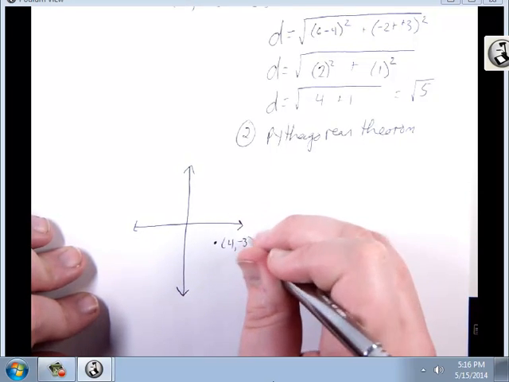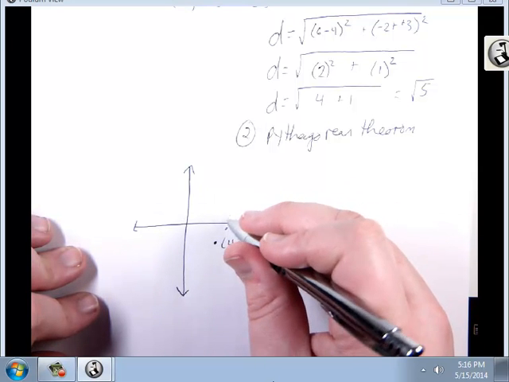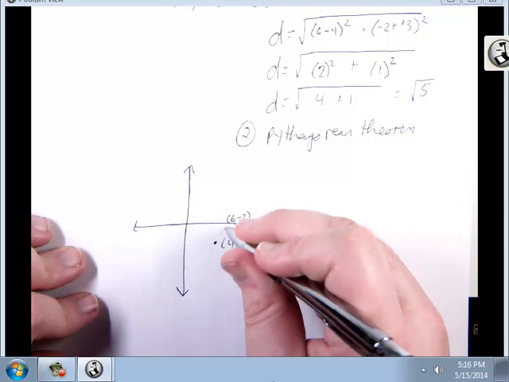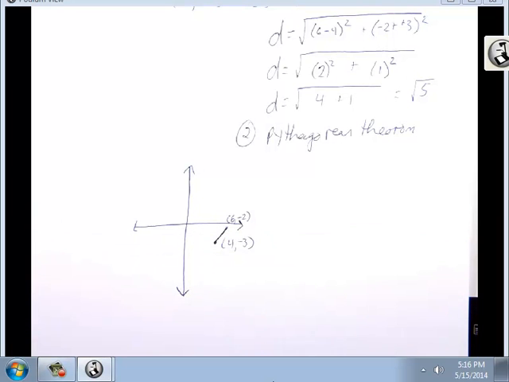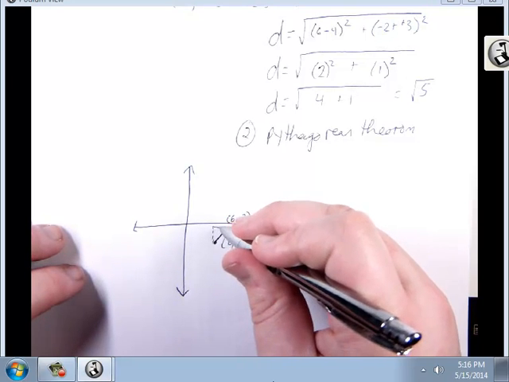And (6, -2) would be here. That's really small, so I apologize. That's our line. Now, what if I traced in and over like that? There's my right triangle.